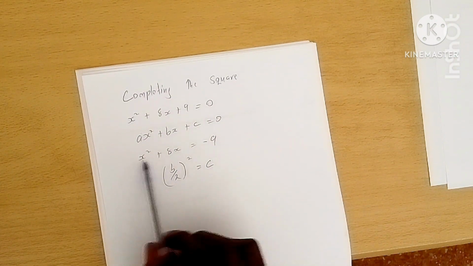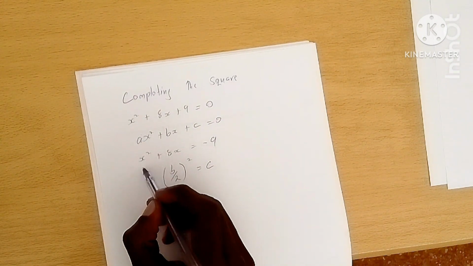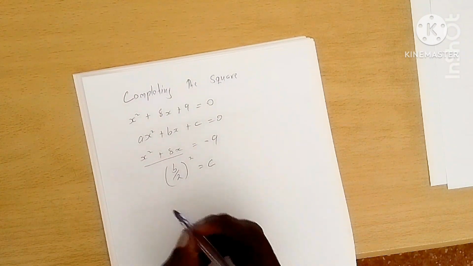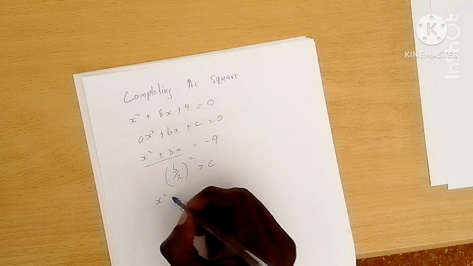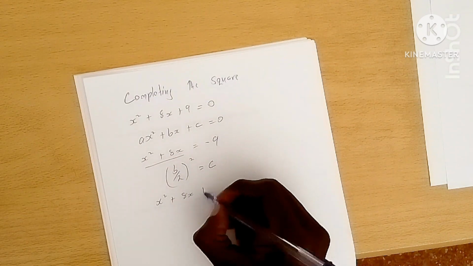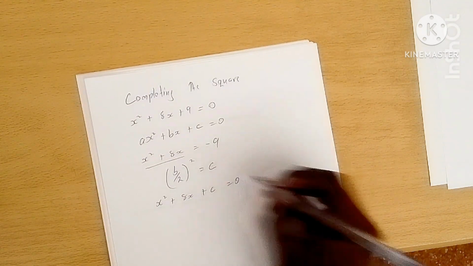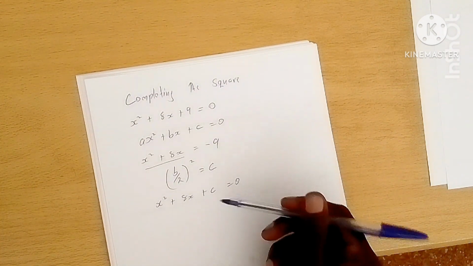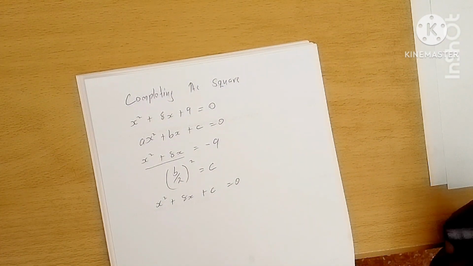So we're supposed to have x squared plus 8x plus c equal to 0, and we have to find the value of c, using the formula above.